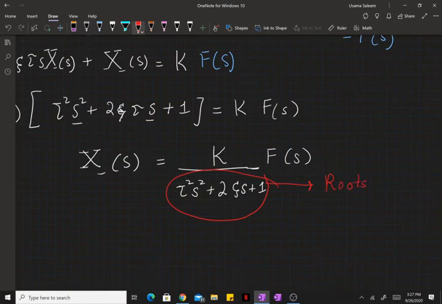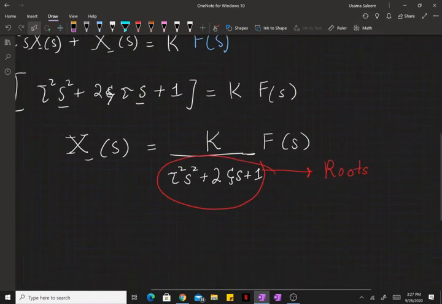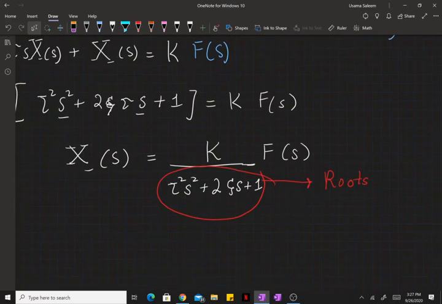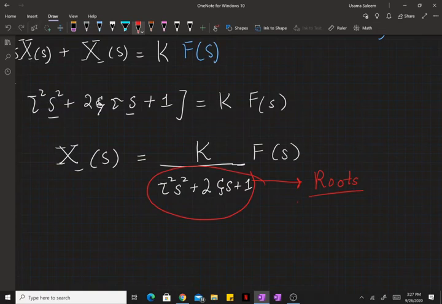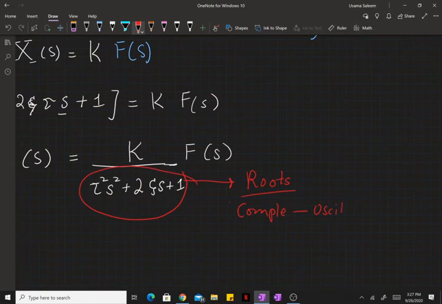The higher the degree of your system, the more advantage you can take of it. So for the roots of this equation, a second order polynomial is going to have two roots. If the roots are complex, you get an oscillatory response.